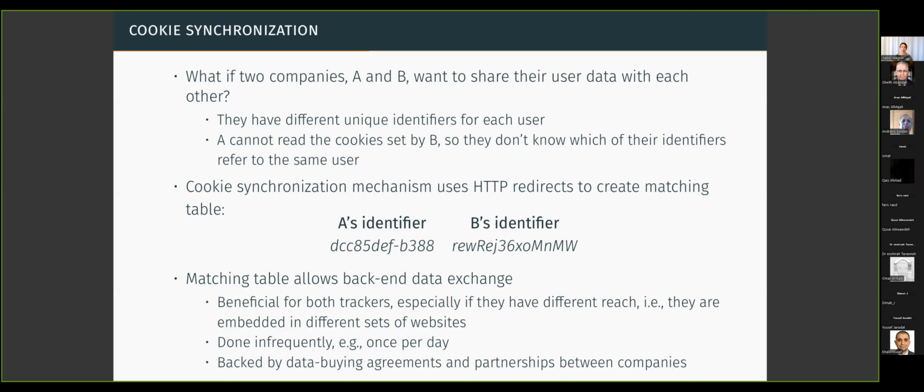So if they can merge their databases, they will both expand their profiles of users. And it doesn't even matter if they can do this in real time or not. Maybe they can only afford to do this data synchronization once a day. But even then, it benefits them by knowing more about each individual user.